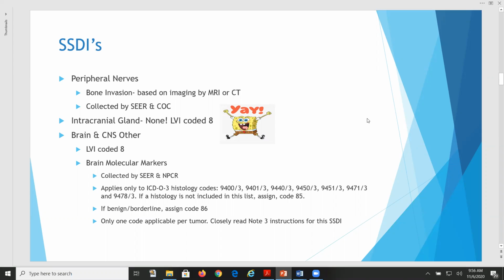If a histology is not one of the included histologies on the list, you will assign code 85 if it is a malignant CNS tumor, or code 86 if it is a non-malignant CNS tumor. These histologies will appear in the instructions for this SSDI, as well as in the tables themselves, which you will see right here.